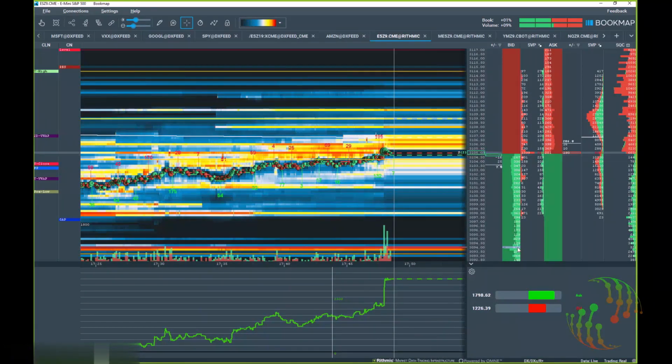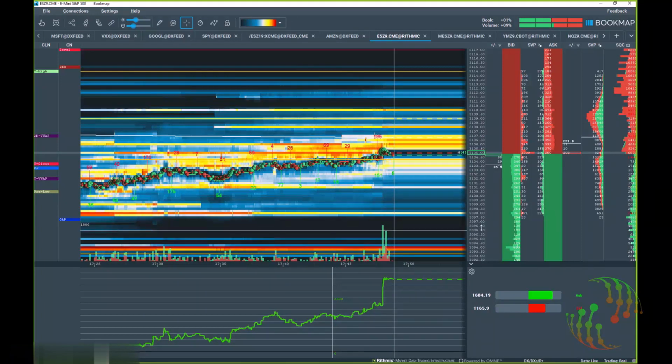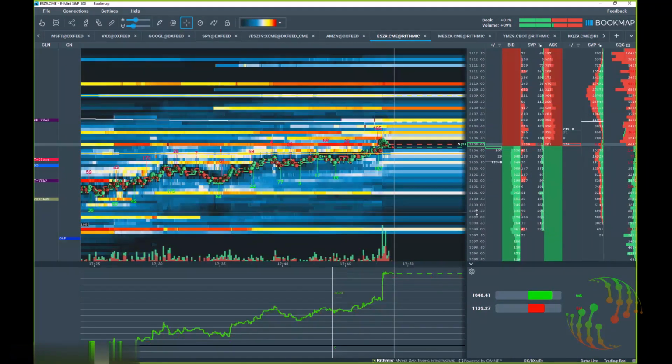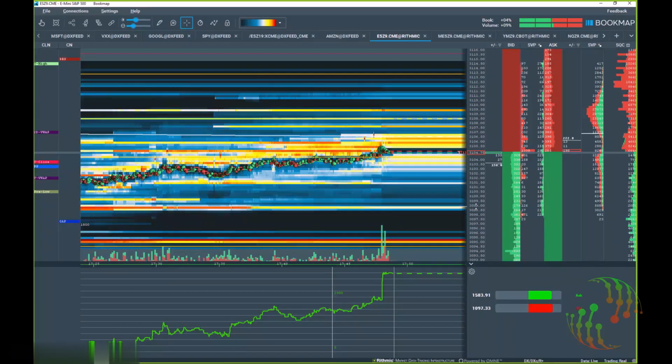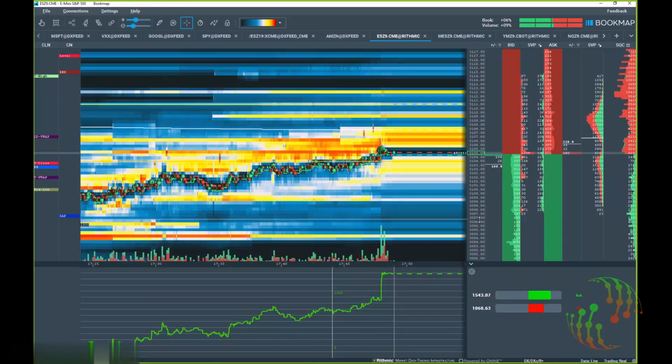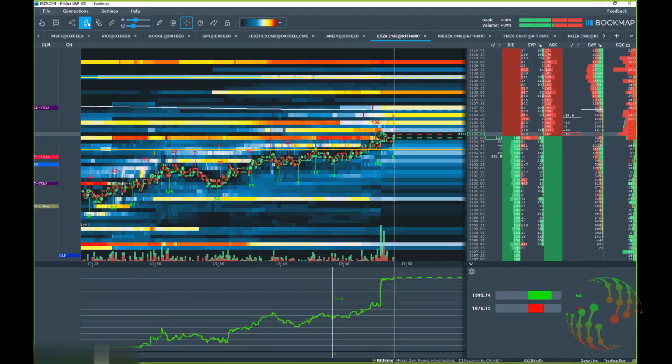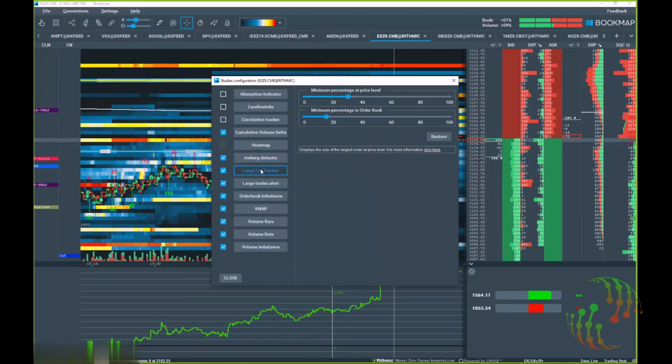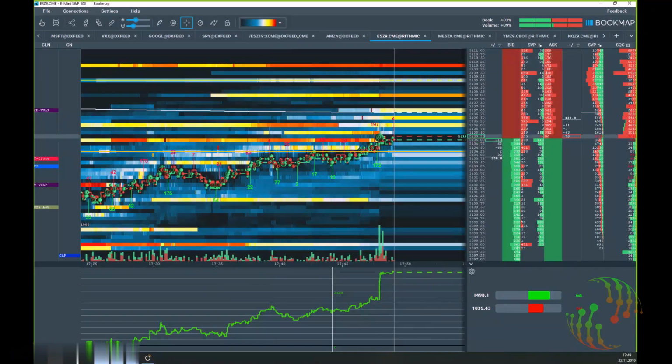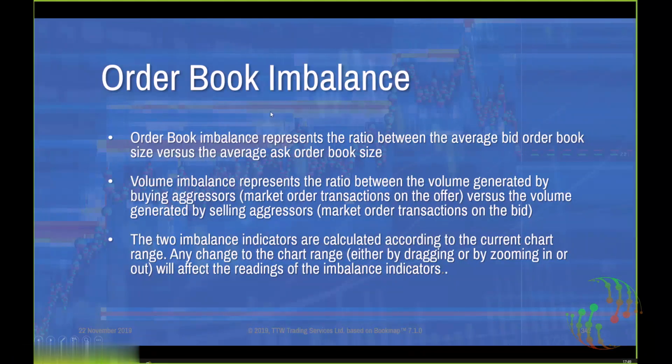That means there is a really large institution, or a big guy with enough money to absorb the contracts here at 94. Absolutely helpful. So if you have it, put it on your chart. It helps you to get a little bit more overview.